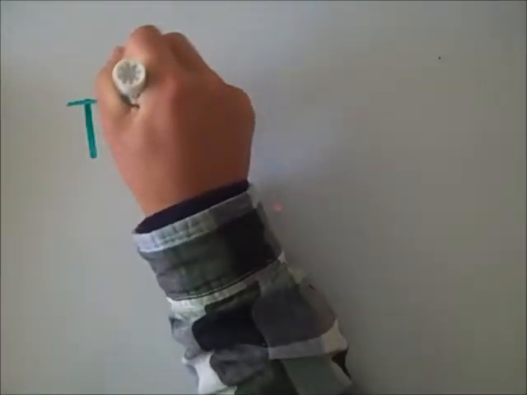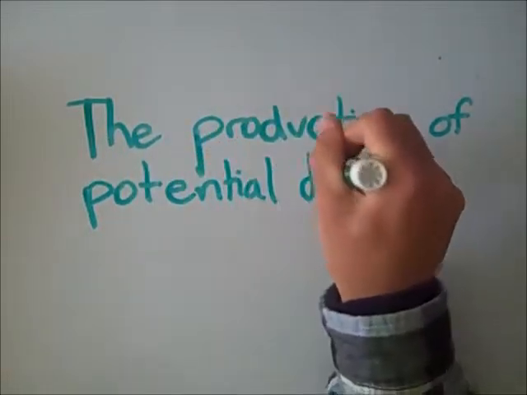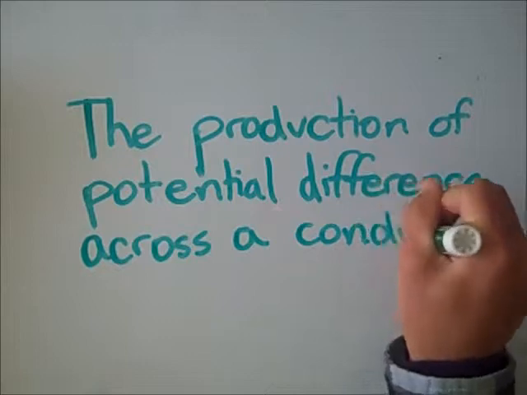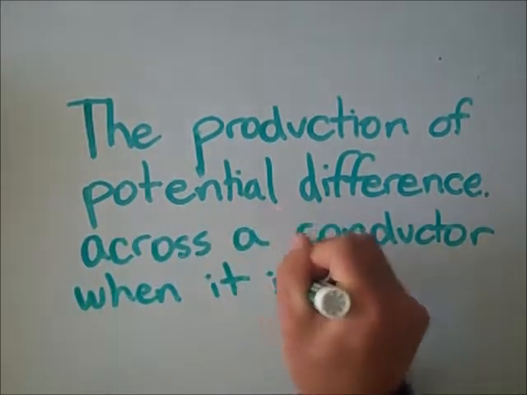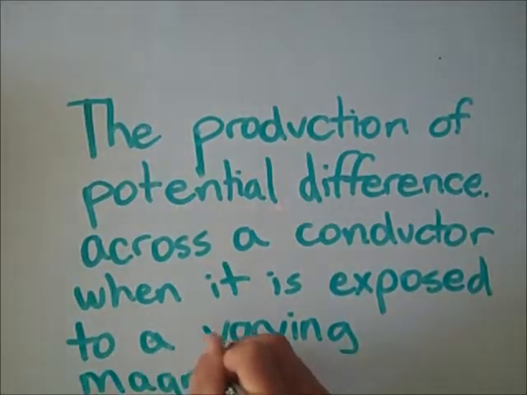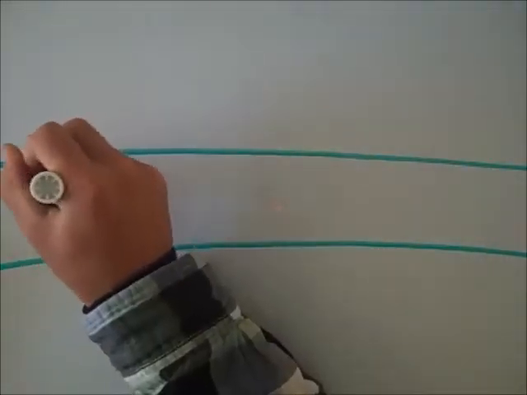Induction is defined by Wikipedia, again, as the production of potential difference, which we now know is just voltage, across a conductor when it is exposed to a varying magnetic field. Now this is kind of hard to understand at first, however, it'll get a lot easier.